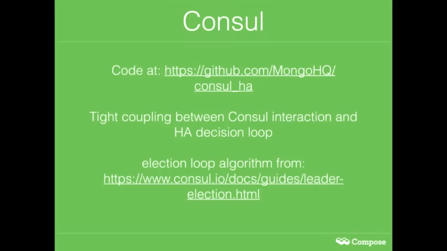In this first iteration, you'll see tight coupling between the Consul interaction and the HA decision loop. One thing that really guided us a lot on our later etcd implementation is the leader election guide for Consul. It talks about how you can do leader election within Consul with the locks and with the sessions.